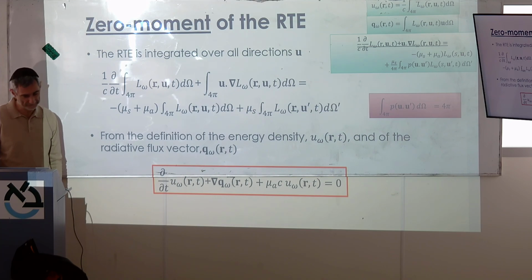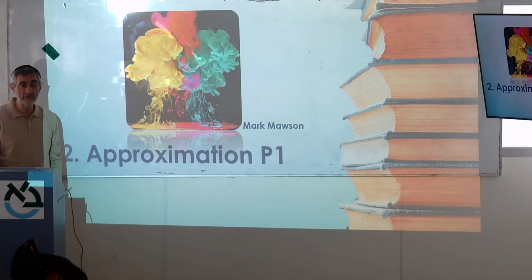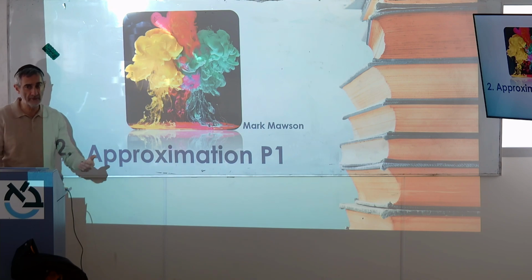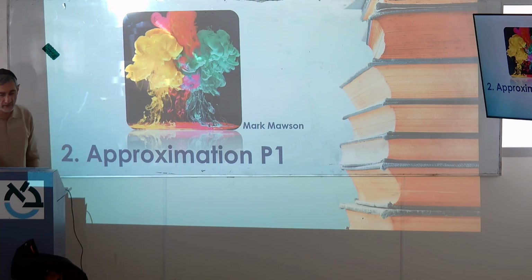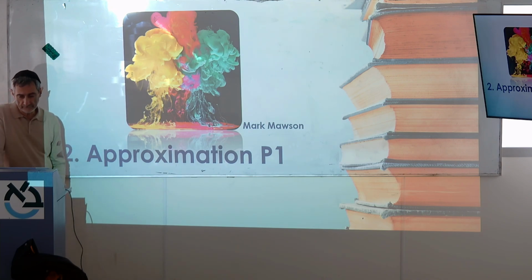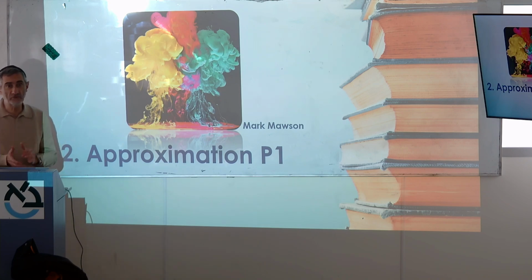But at the end, let's go to the next step in the approximation, what is called the P1 approximation. The P1 approximation is a way to go from the full radiative transfer equation to the diffusion equation. The idea is to assume that the specific intensity is almost isotropic.